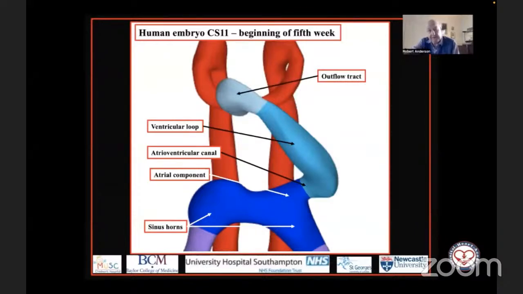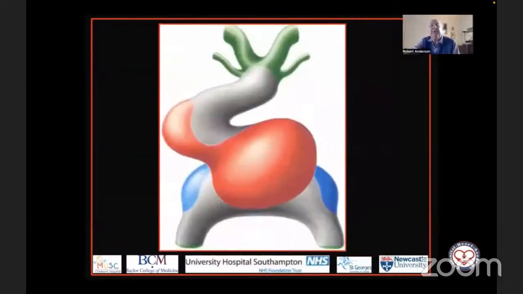So to begin ventricular development, we need to look again at ballooning. This is one of the drawings made by my colleagues in Amsterdam. It was Antoon Moorman and his colleagues who made this excellent cartoon, which shows you how the atrial appendages balloon from the atrial component of the primary heart tube.